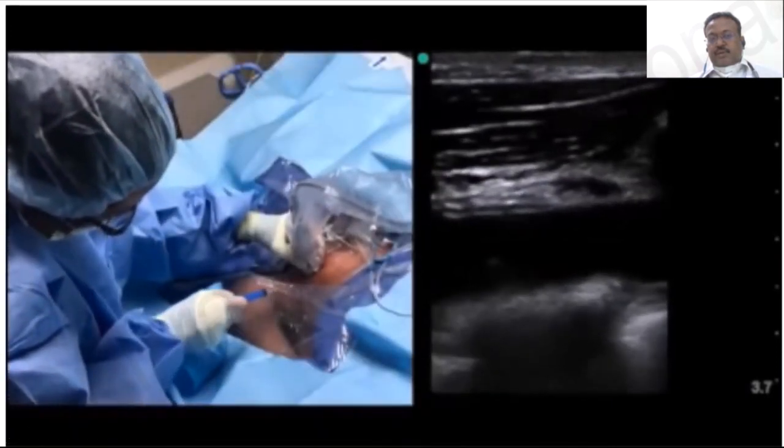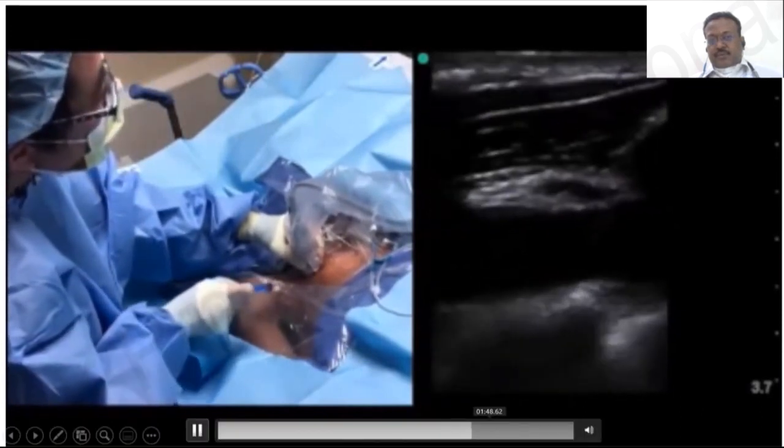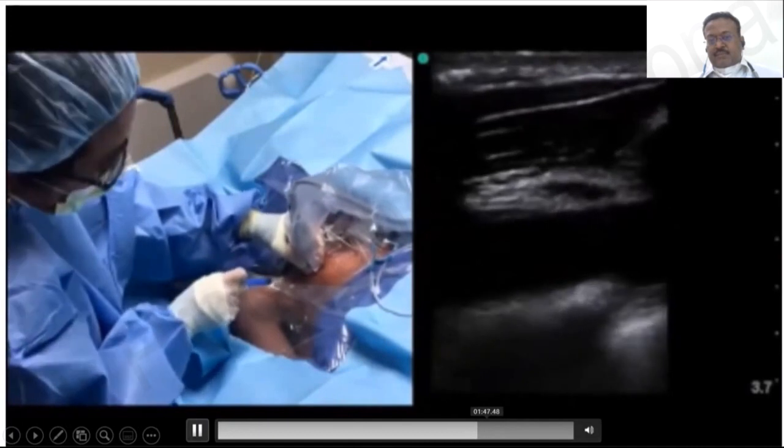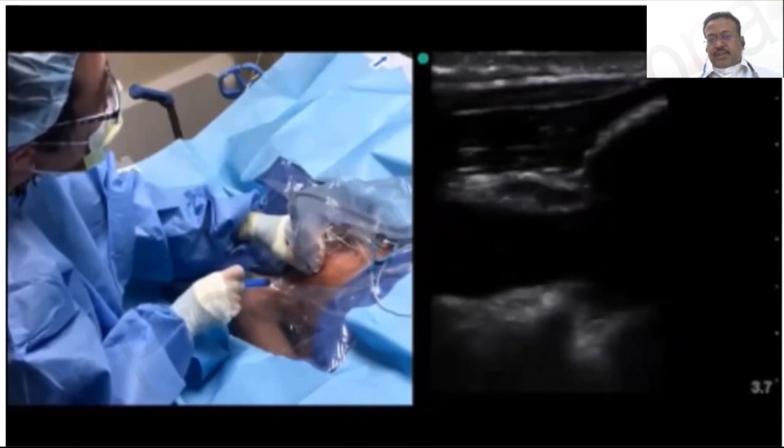So you will see the person doing the procedure is putting it under ultrasound guidance. So this video is not from my ICU. It is taken from the internet.